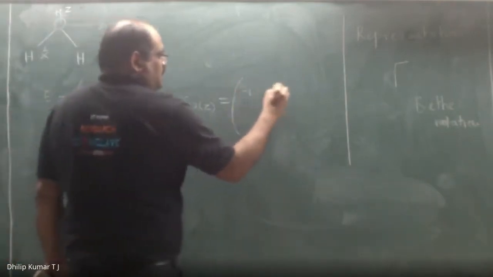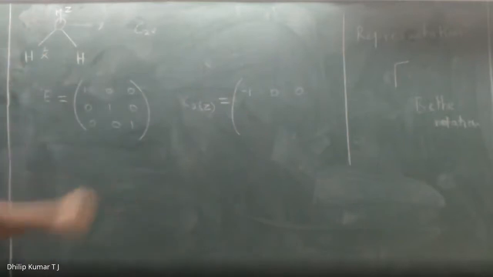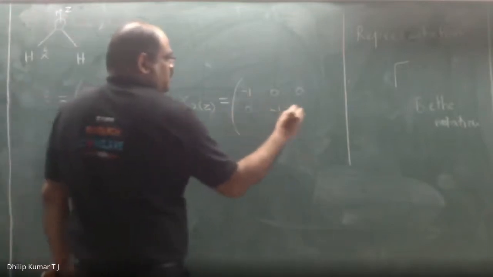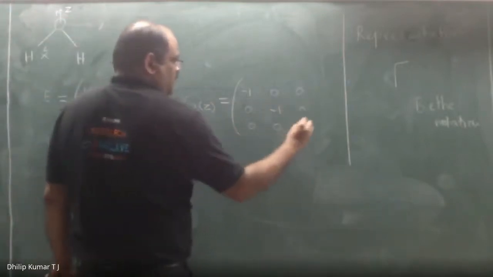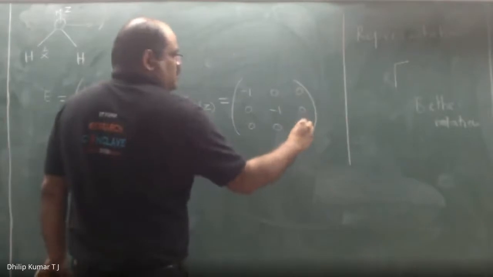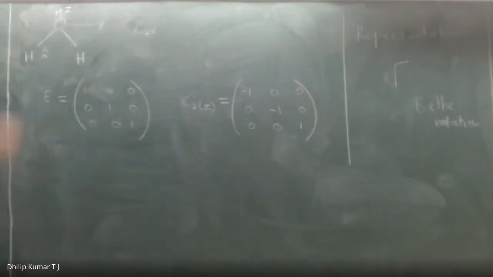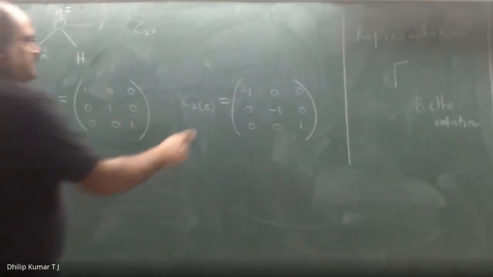So I can write -1 here, and then y is going to become -y. So I write -1 0 0, 0 -1 0, 0 0 +1. So z is not going to change. Z will remain plus z itself by rotation. So this is for C2.